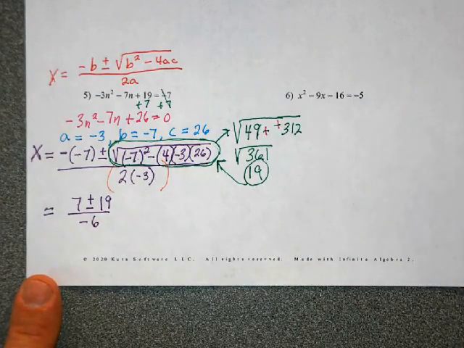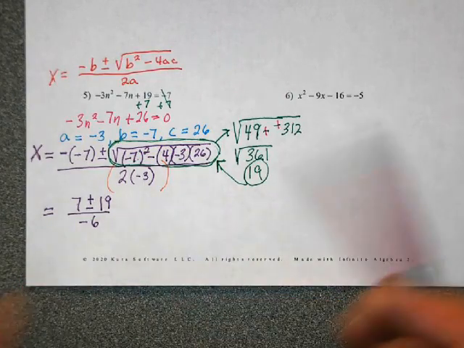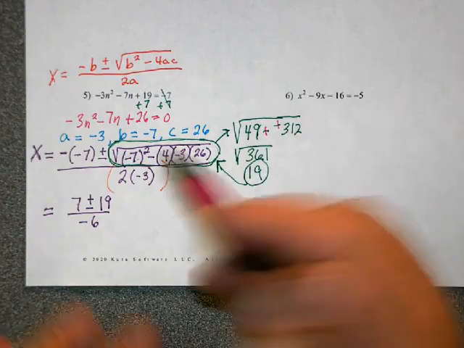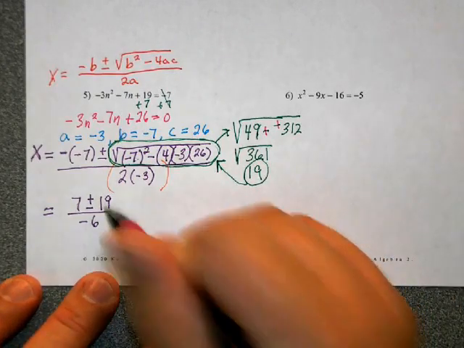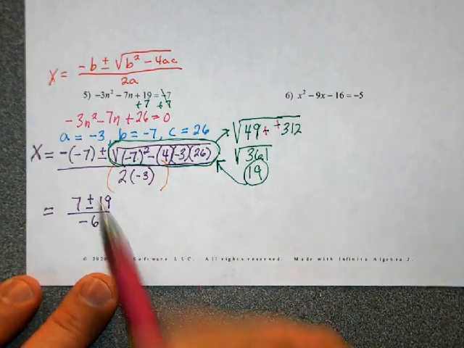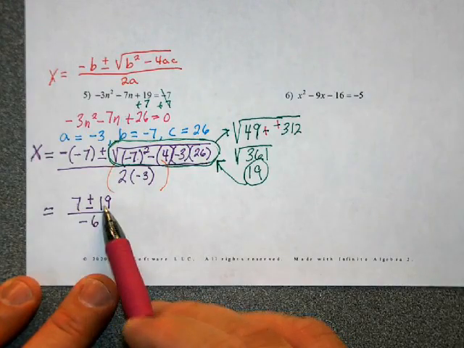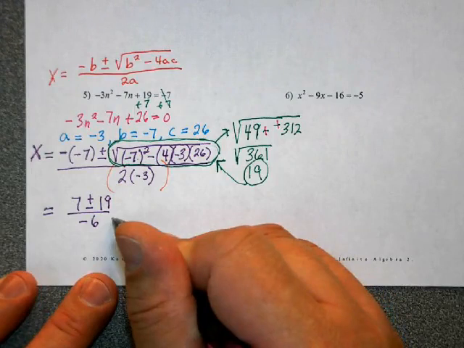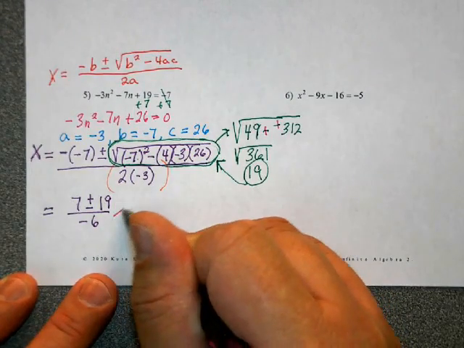Now, remember what I told you about that little plus and minus sign? I've been emphasizing it the whole time here. That's two numbers, right? It's a plus 19, so we have 7 plus 19 and 7 minus 19. So at this point, go ahead and split it up into two problems.